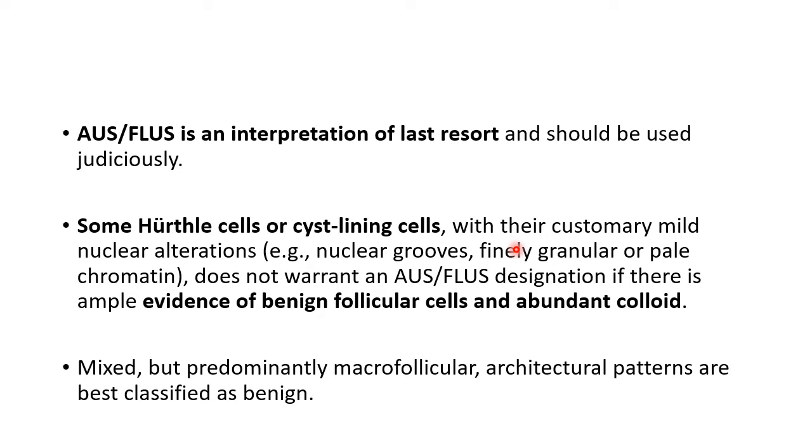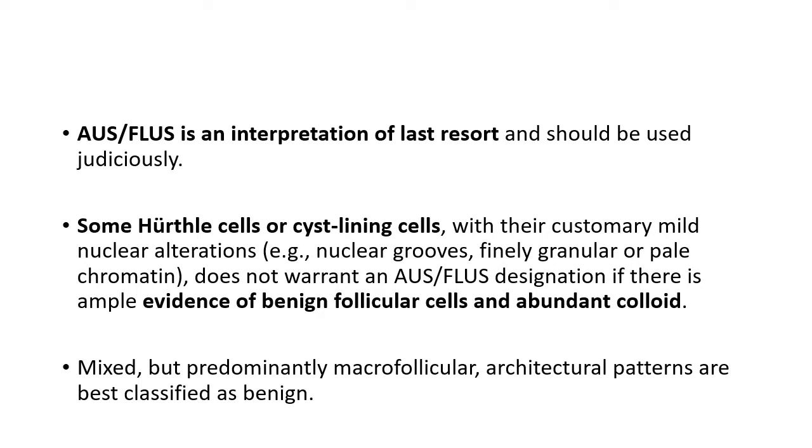Only if you have Hurthle cells in sheets, you do not have any evidence of multinodular goiter or lymphocytic thyroiditis, you have markedly atypical cyst lining cells which raise the suspicion of malignancy, only those cases you should call AUS. Otherwise, you should give a benign diagnosis. Also, if you have a particular history of radiation or Graves' disease or any other entity, you should call it benign.